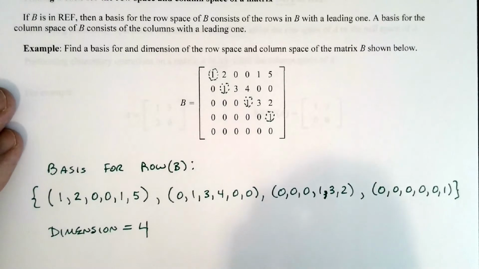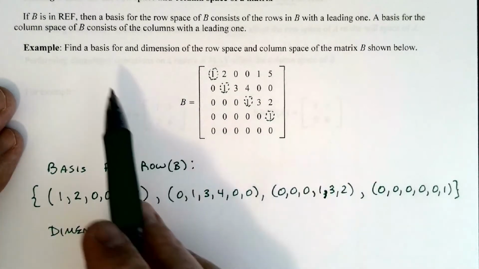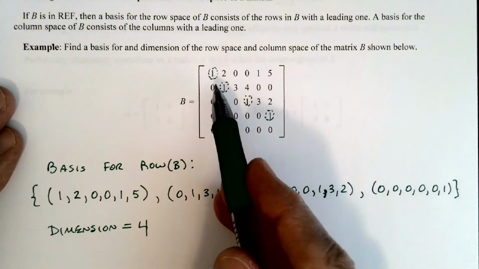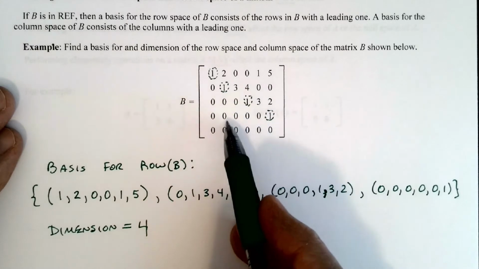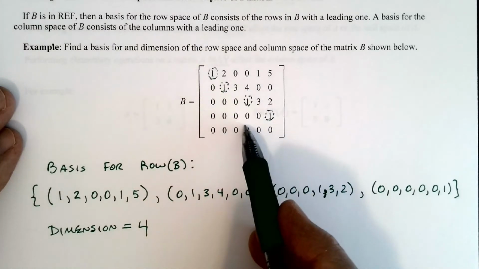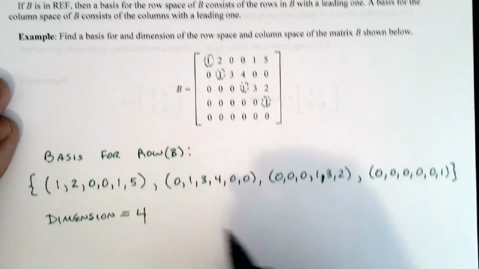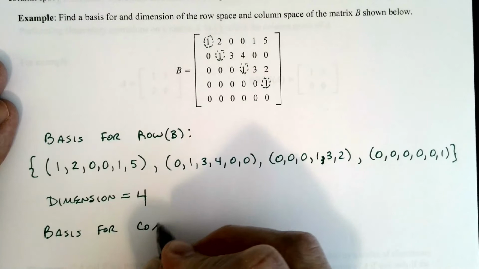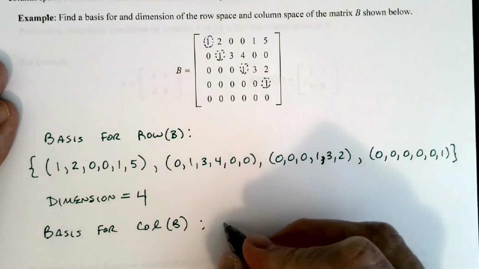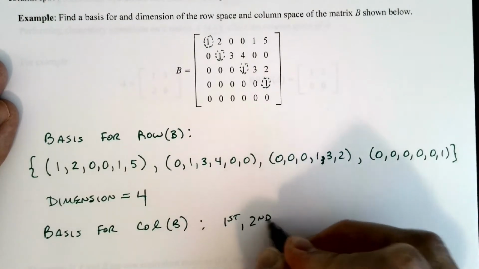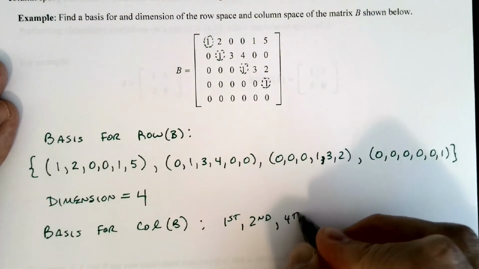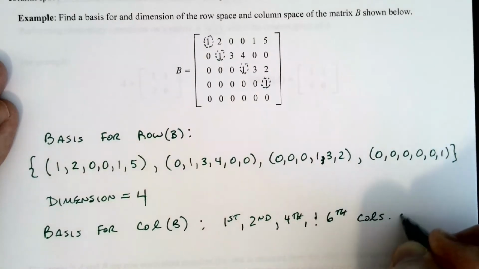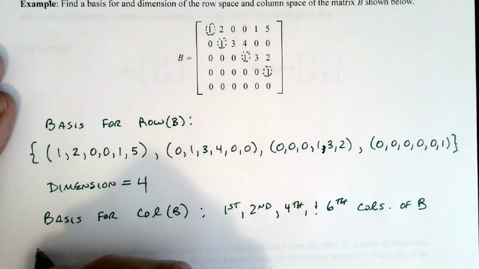Okay. What about a basis for the column space? Same thing. A basis for the column space of B consists of the columns with the leading ones. So in this case, that's the first column, the second column, the fourth column, and the 6th column. Just say it's the first, second, fourth, and 6th columns of B. So let's write that out.